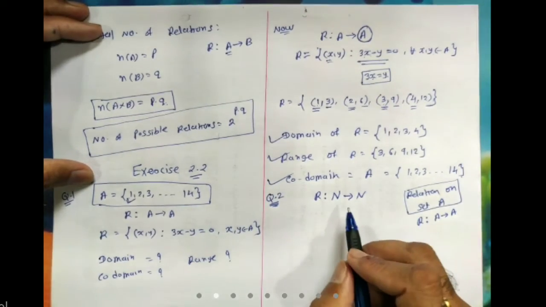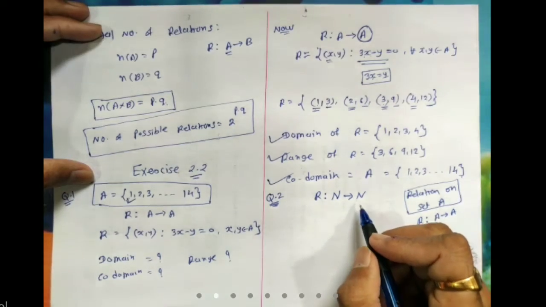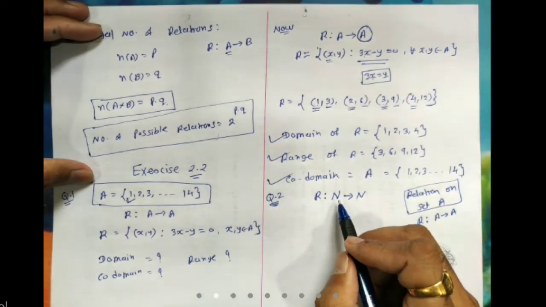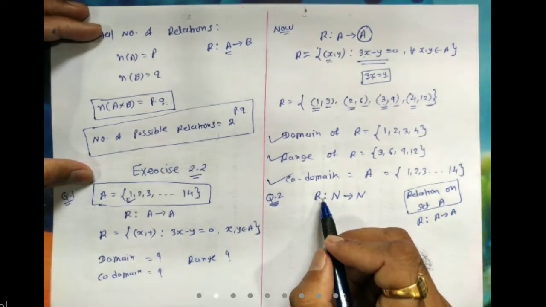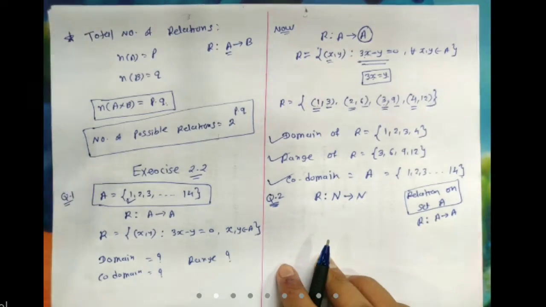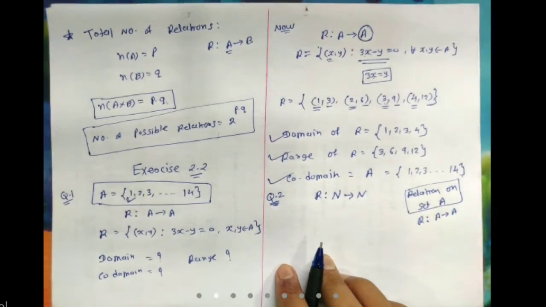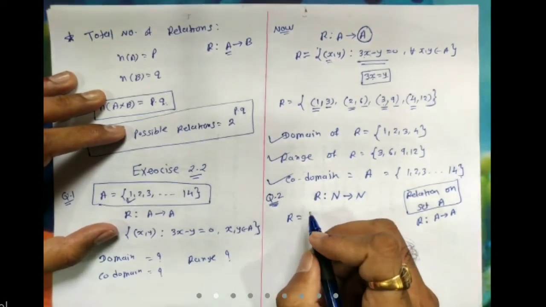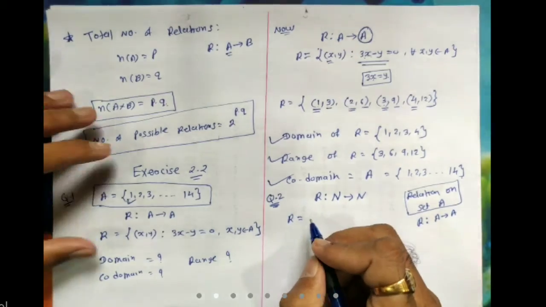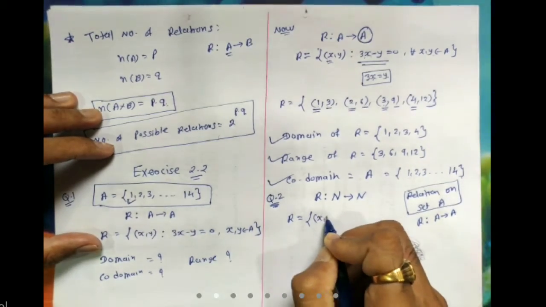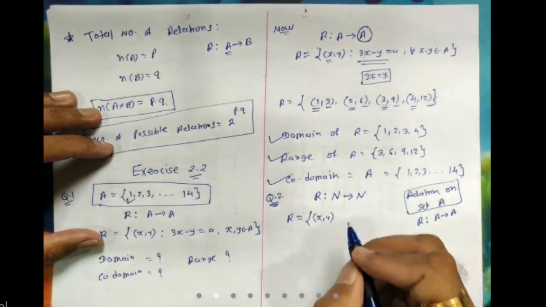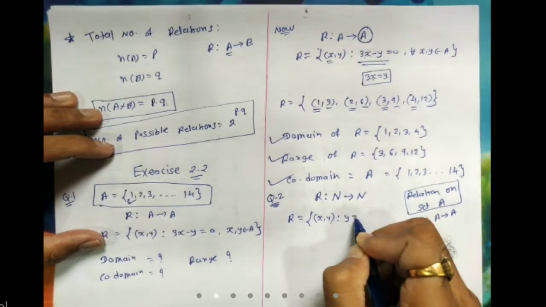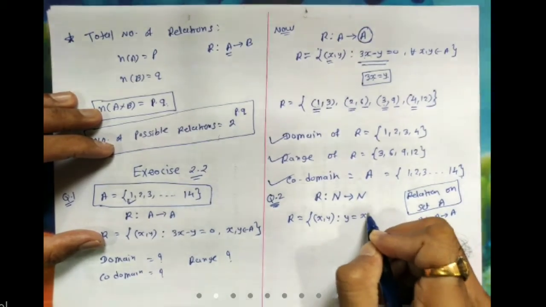So similarly here we are given a relation on natural numbers N. What it means is the relation of N with N. So it's a relation R from N to N. So defining relation R on natural numbers by the description of relation R equal to all ordered pairs (x, y) such that y is equal to x plus 5.